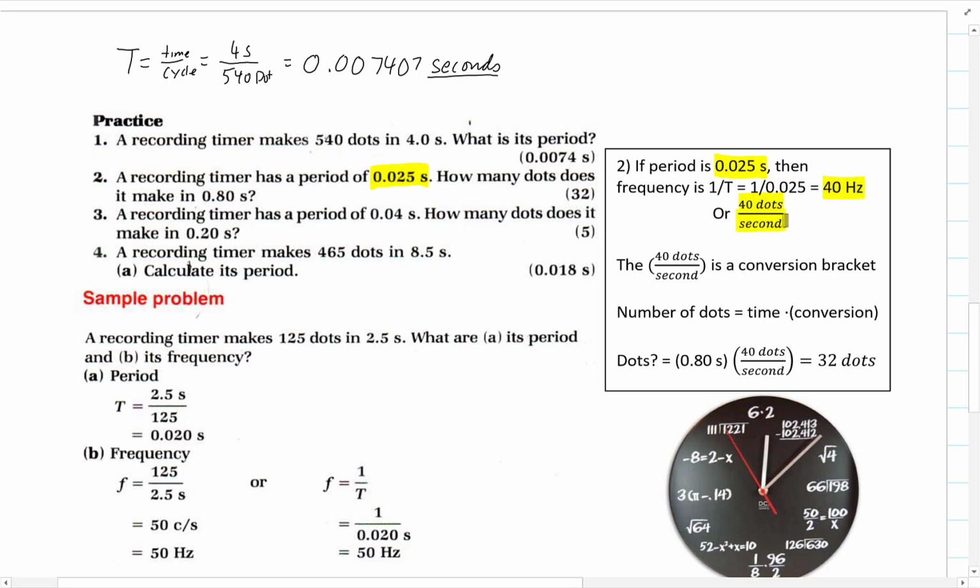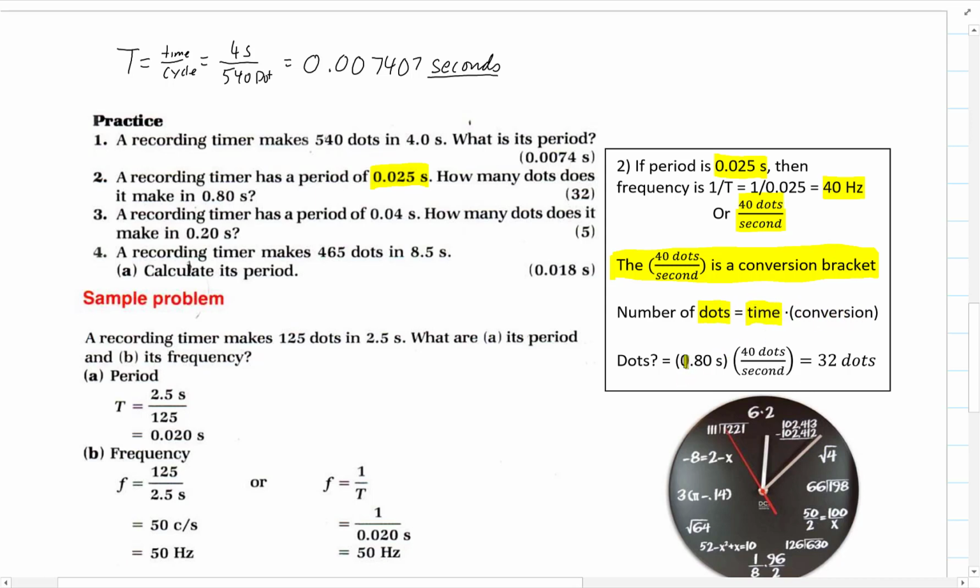And that's 40 dots per second. 40 dots per second. And that is a conversion factor. That's the conversion brackets, right? We've talked about conversion brackets before. I'm making a little bit of emphasis on that today: once we have the dots per second, it's kind of a conversion bracket. So if we want the number of new dots, we take the time that's used and this conversion bracket.